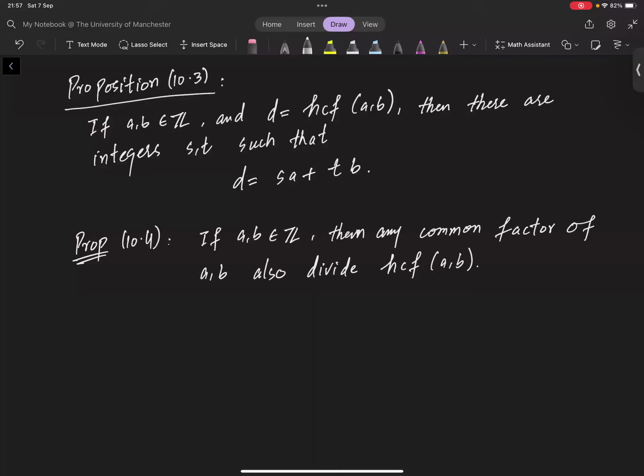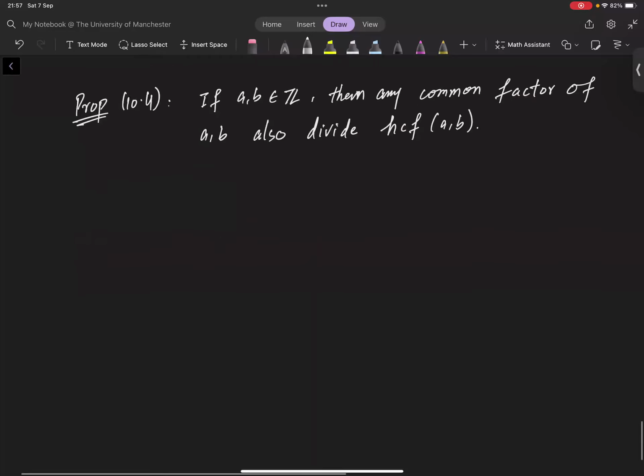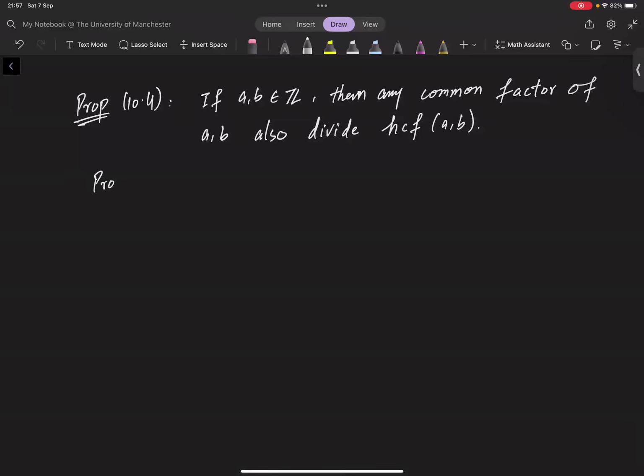That's a new thing. So if you have a common factor of A and then the common factor of B, so their separate common factors can also divide their combined common factor. So that's a new one. So let's say we can prove this because it's the interesting one.